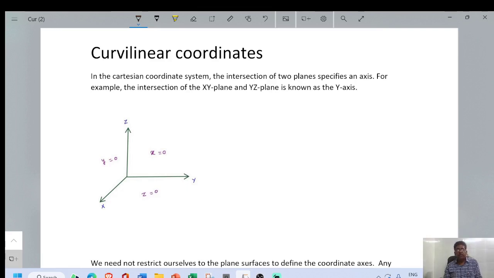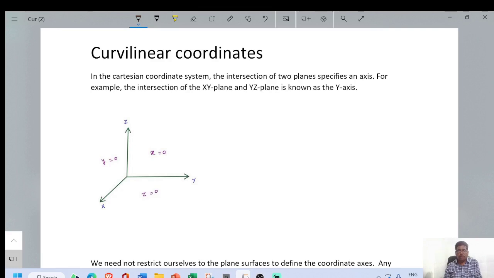We do this in the Cartesian coordinate system. The intersection of two planes specifies an axis. For example, intersection of xy plane and yz plane is known as the y-axis.